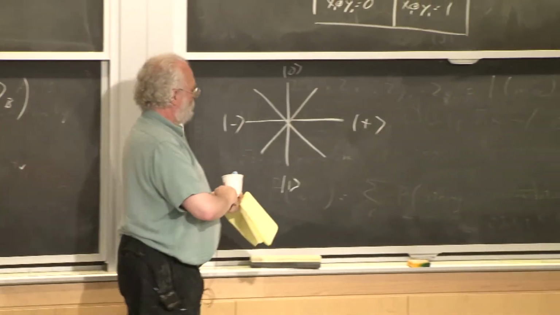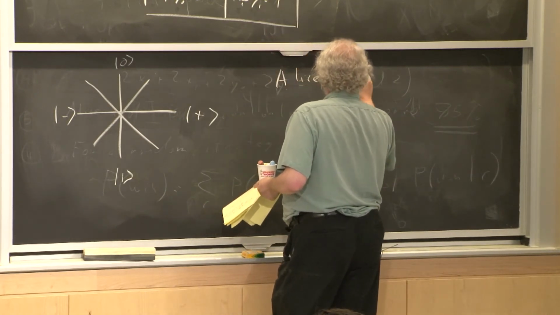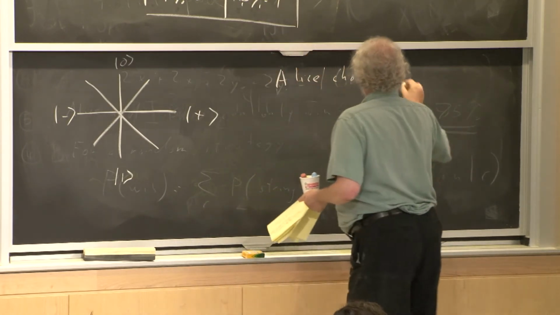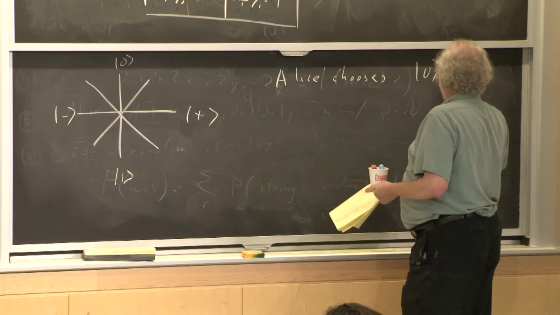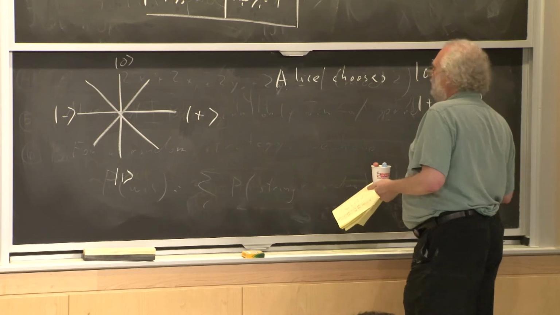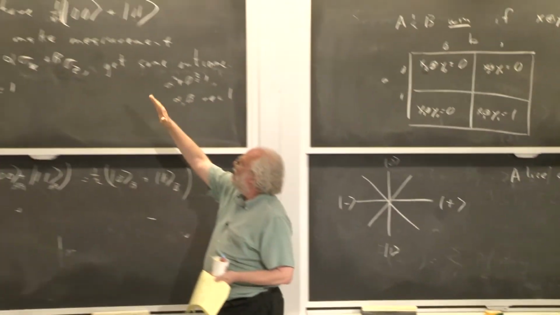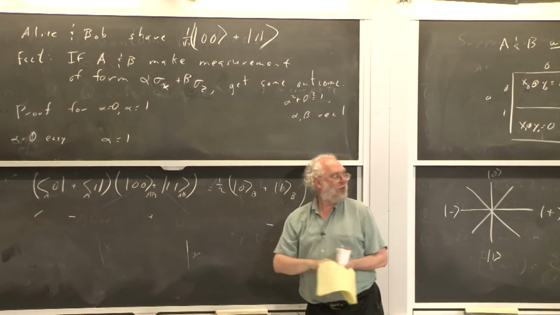So Alice chooses 0, 1, or plus, minus. Alice and Bob are each going to measure their half of the state.